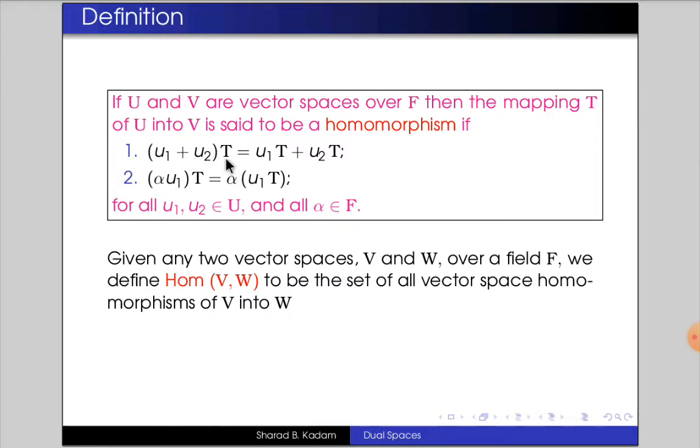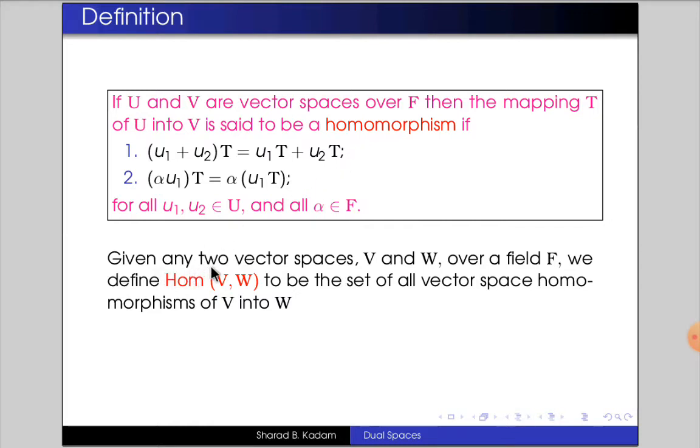First condition is T of U1 plus U2 equals T of U1 plus T of U2, and the second condition is T of alpha into U1 equals alpha into T of U1, for all U1, U2 in the vector space U and for all alpha in the field F. So this is the definition of vector space homomorphism.